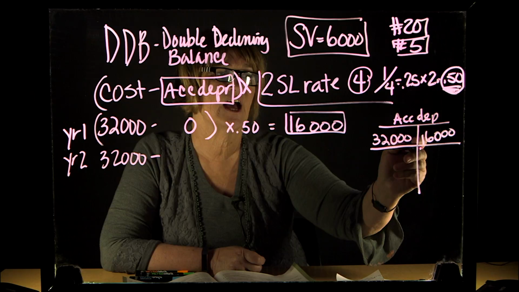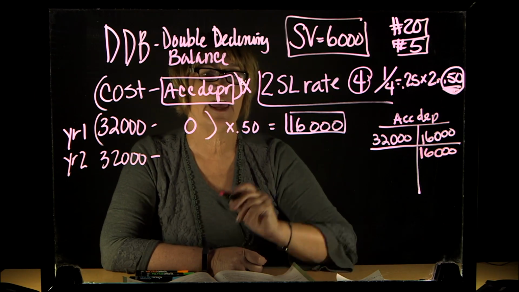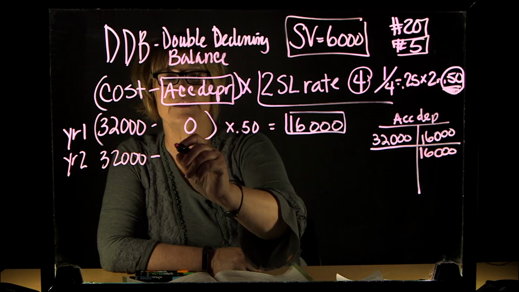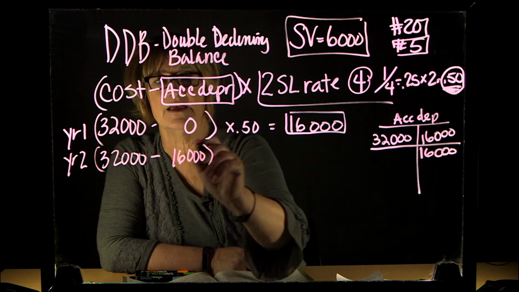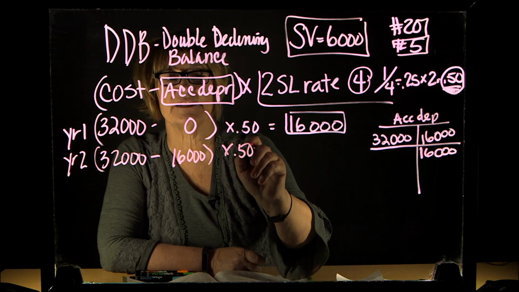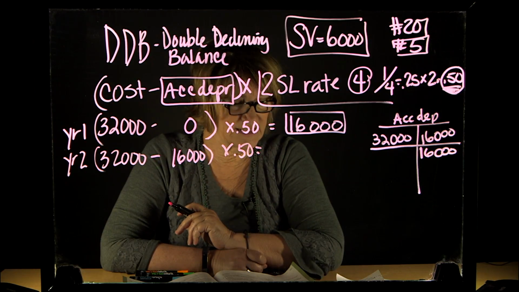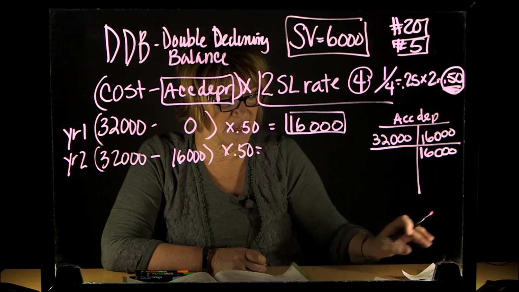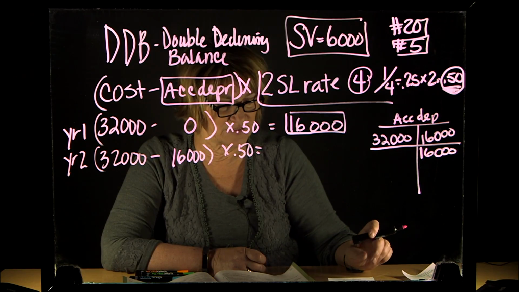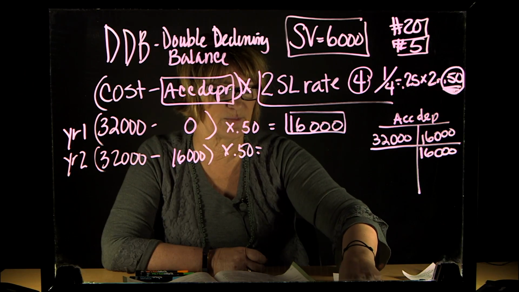So in this case, I have $16,000 left over to depreciate. And so I'm going to take the accumulated depreciation here, which is 16,000, times the 50% again. So that means that 16,000 times 50% is $8,000, I believe. I had a paper here, so let me find my paper.